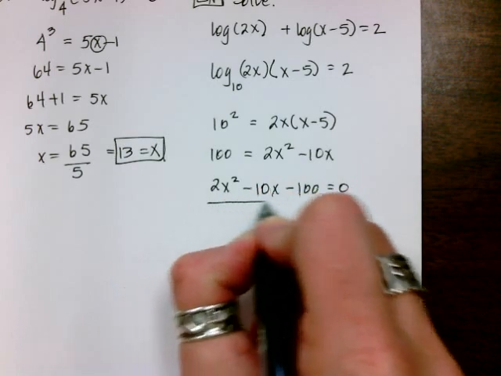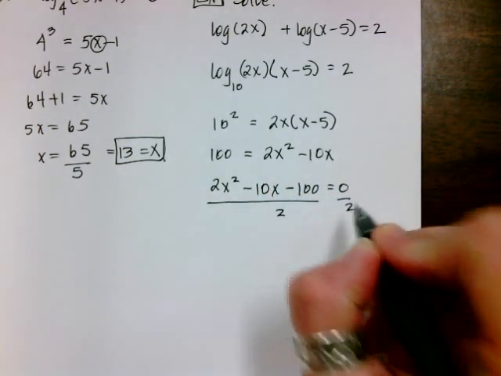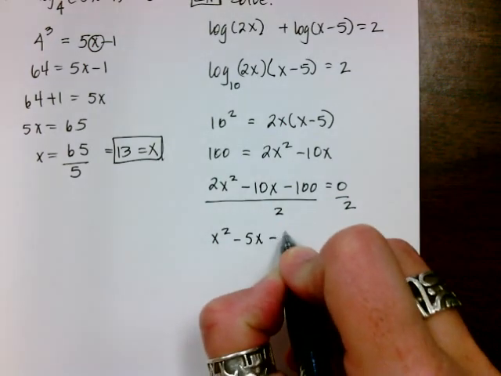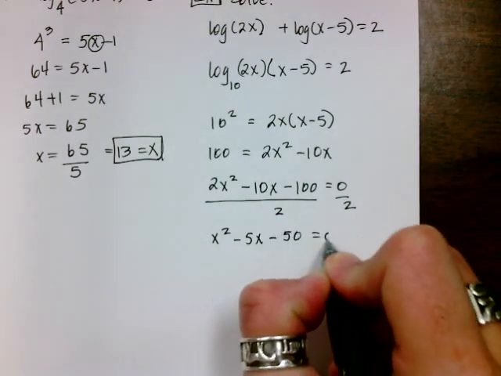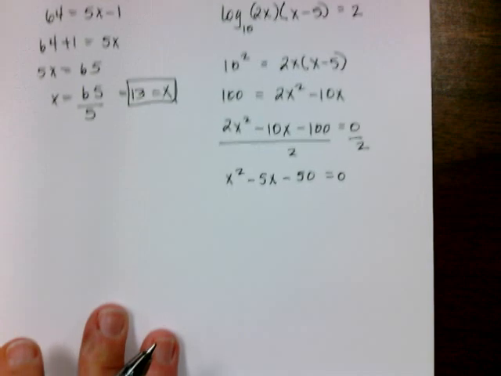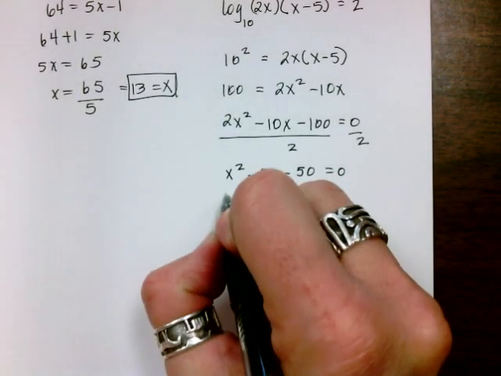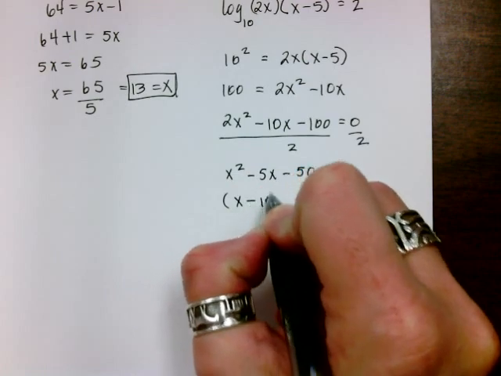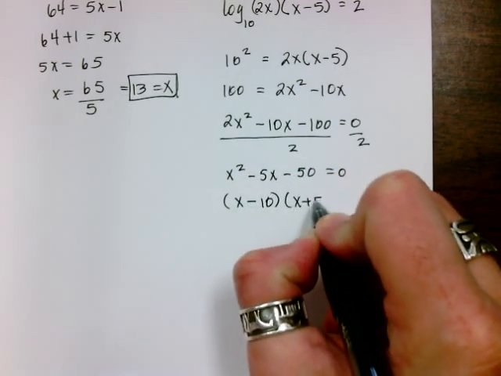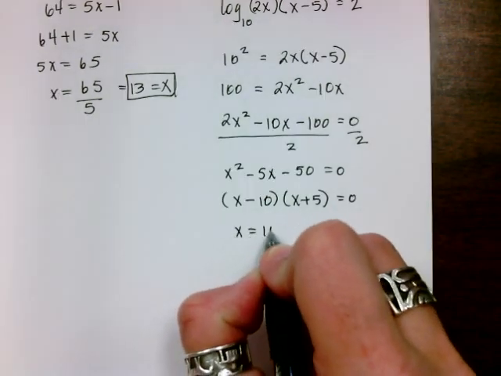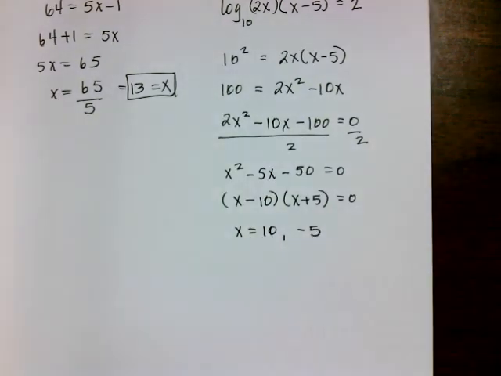So I can divide this side by 2 and this side by 2. And I get x squared minus 5x minus 50 is equal to 0. The factors of 50 that add or subtract to give you 5 are 10 and 5. So this is going to be x minus 10, x plus 5 equals 0. So then I'm going to get x is equal to 10 and a negative 5.